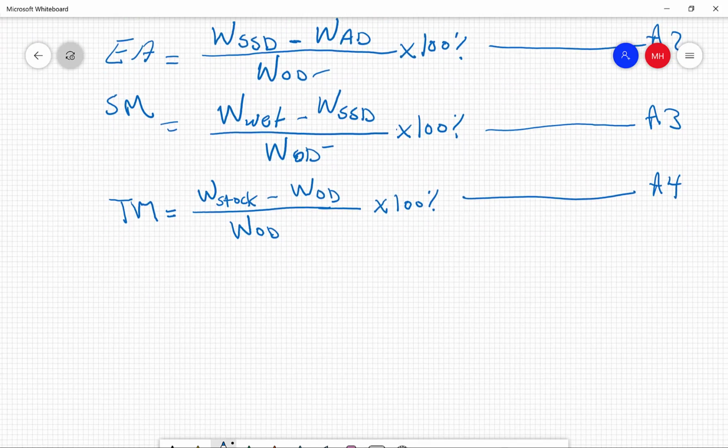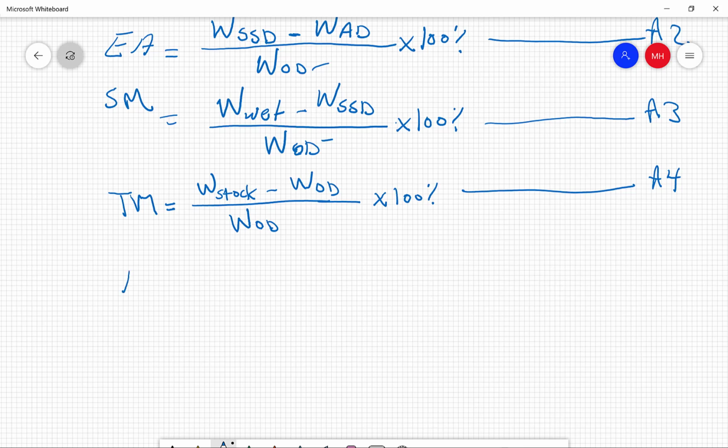So it can be shown that the effective moisture equals the absorption minus the total moisture. This one is equation number A5. All right.